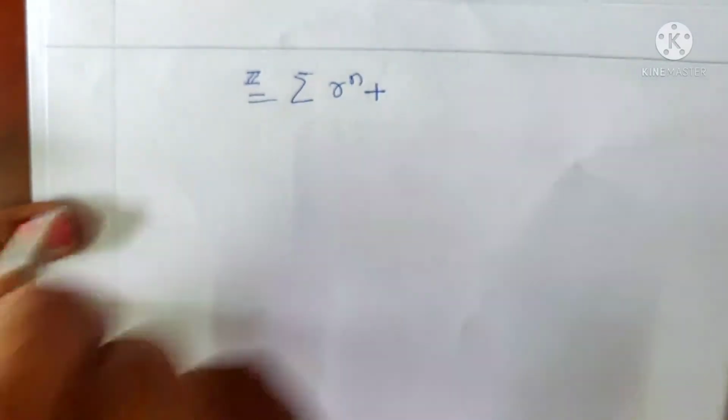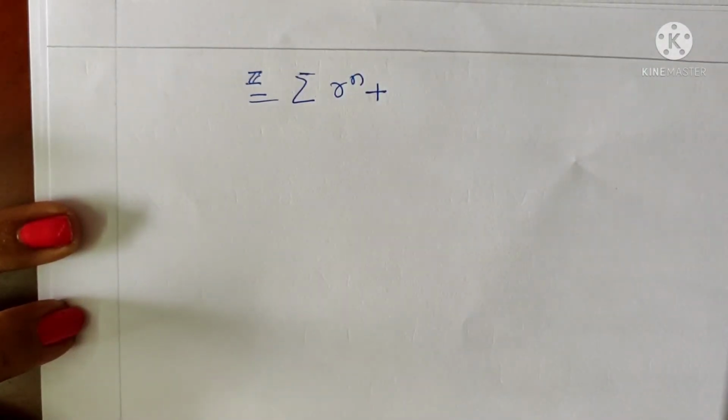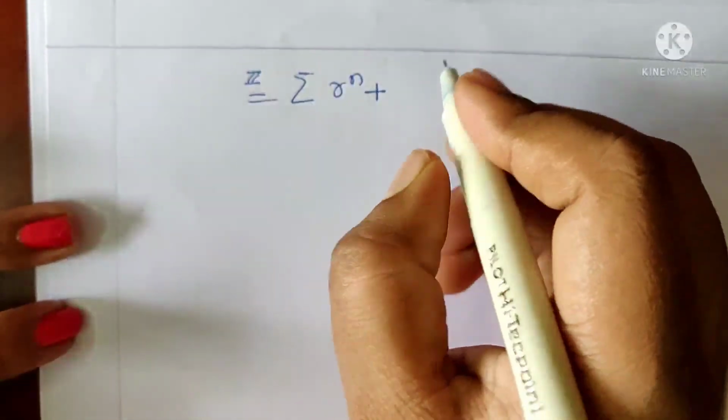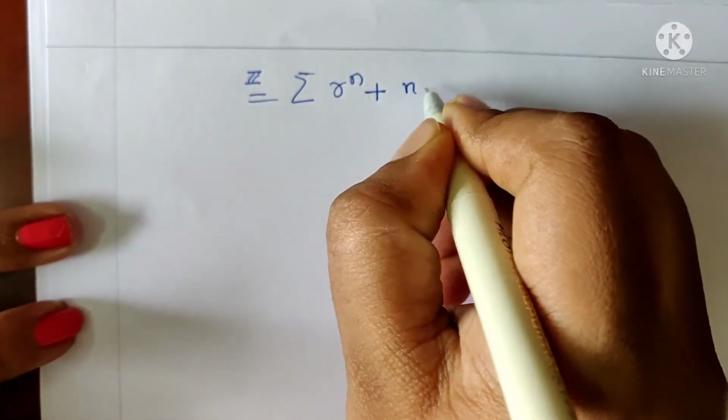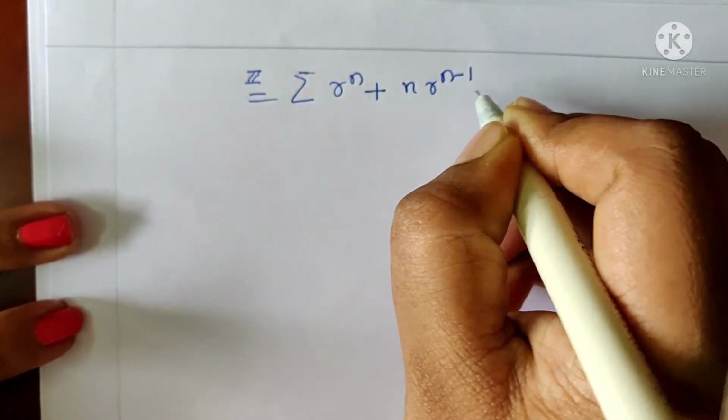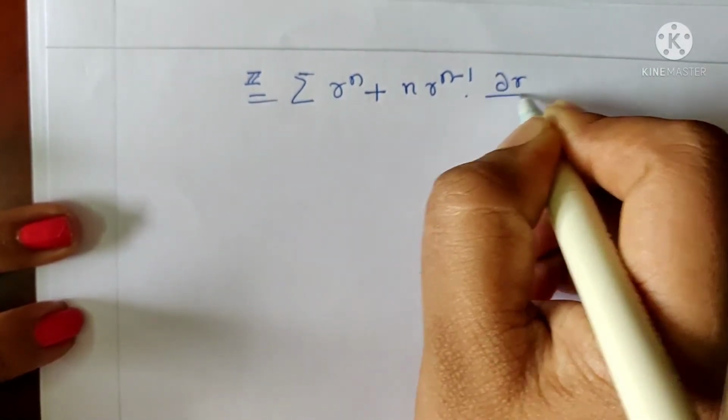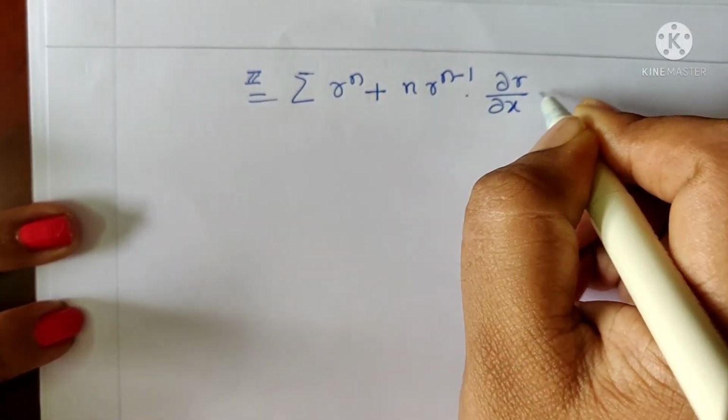So when you differentiate partially r^n x with respect to x, first term keep r^n constant, the differentiation of x is 1, so it is r^n, plus differentiation of r^n is n into r^(n-1) into dr/dx into x.